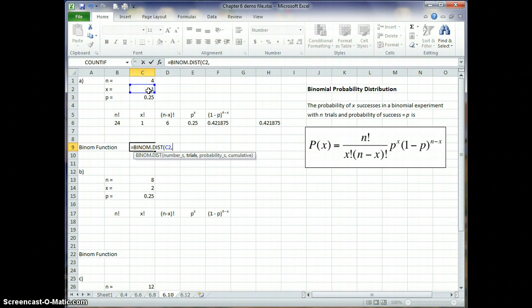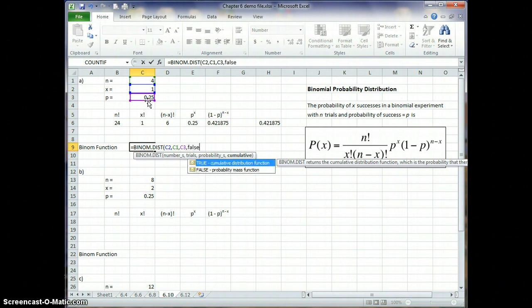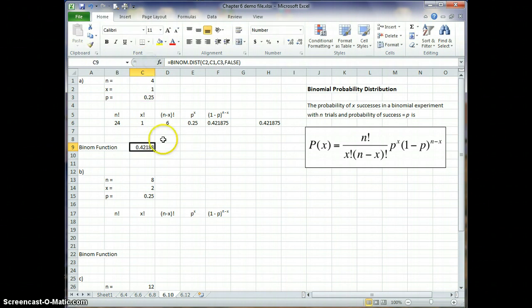And then comma, and then the number of trials, which is in C1, comma, and then we want the probability of success, 0.25, and in this case we have to indicate whether it's cumulative or not. In this case we're going to put false, close parenthesis, click enter, and you can see that I pretty much matched that.